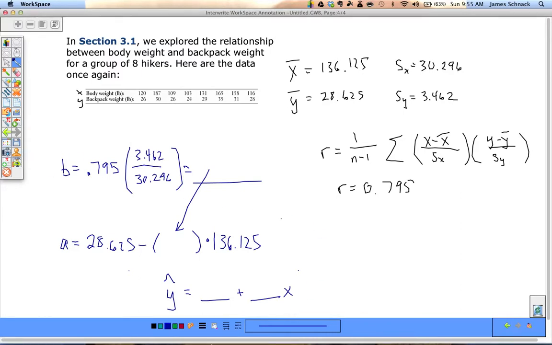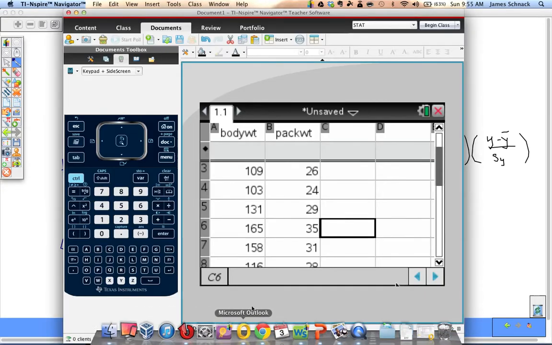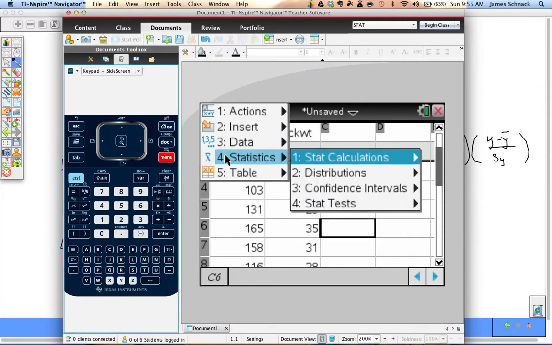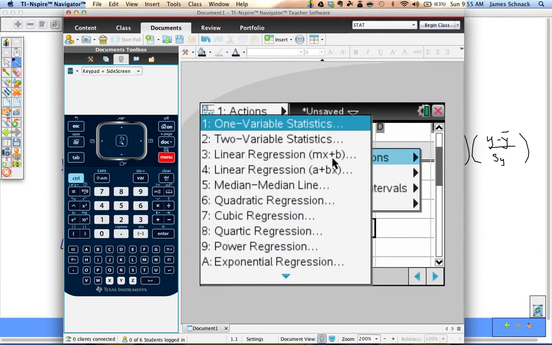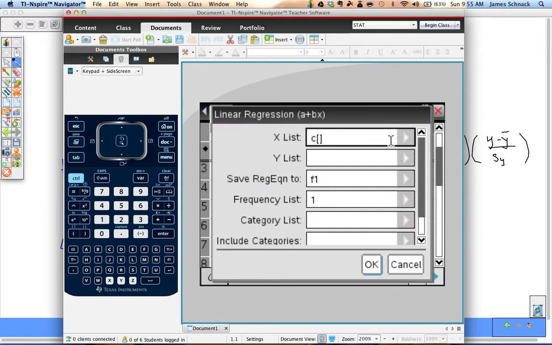Let's jump to our graphing calculator and make sure that we can do this there also. Here I have the data values put into a list spreadsheet. I'm going to go to Menu, Statistics, Stat Calculation, Linear Regression, number 4. My X list is body weight. My Y list, pack weight.